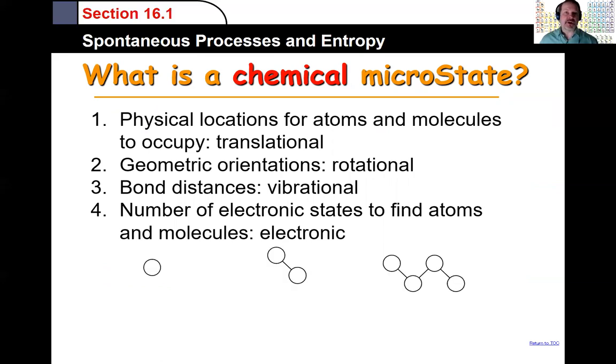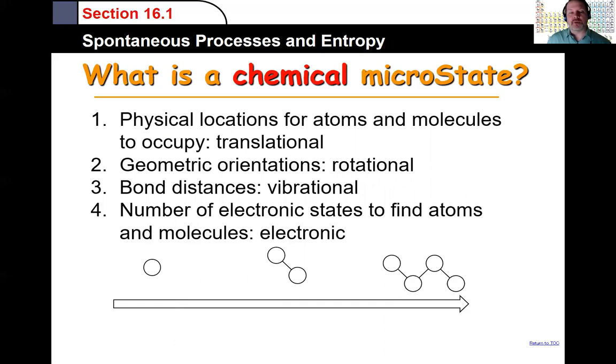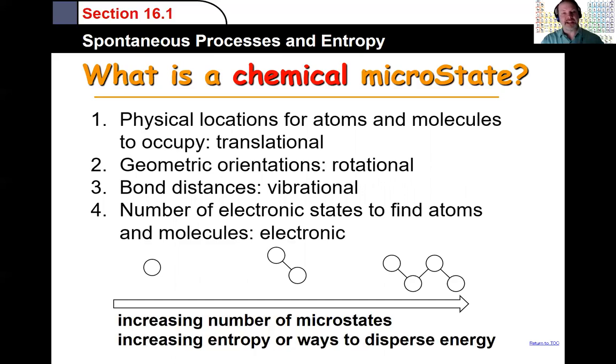Why do we need to know that? Well, because entropy wants to favor those molecules that have lots of microstates in them. So going from a simple atom into a more complex molecule, we'd say entropy would favor the system that has more microstates. So we can increase the microstates. Entropy has a greater way to disperse and push in this direction.